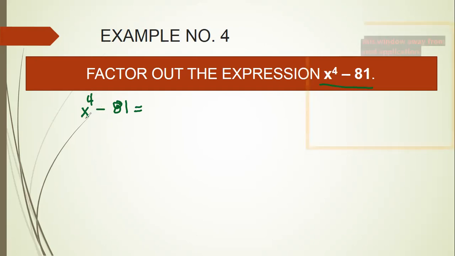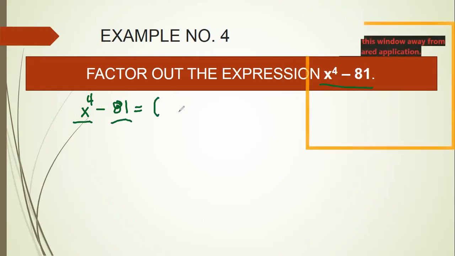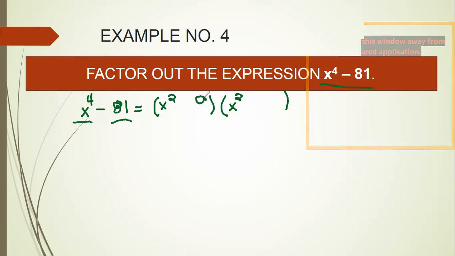Yes, we can, because x to the fourth and 81 are perfect squares. So what are the factors of x to the fourth? Simply x squared and x squared, because we only need perfect square numbers. How about 81? So it's 9.